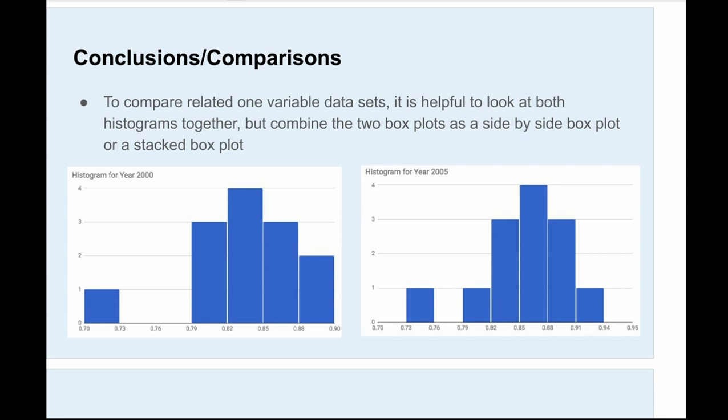We could argue here, we can see a little bit of skewed data in 2000, but in 2005, you can almost argue it's getting closer to a more normal shape, right? Or again, normal shape, but being clustered around a higher percentage. So more people are grading their healthcare as good or excellent.